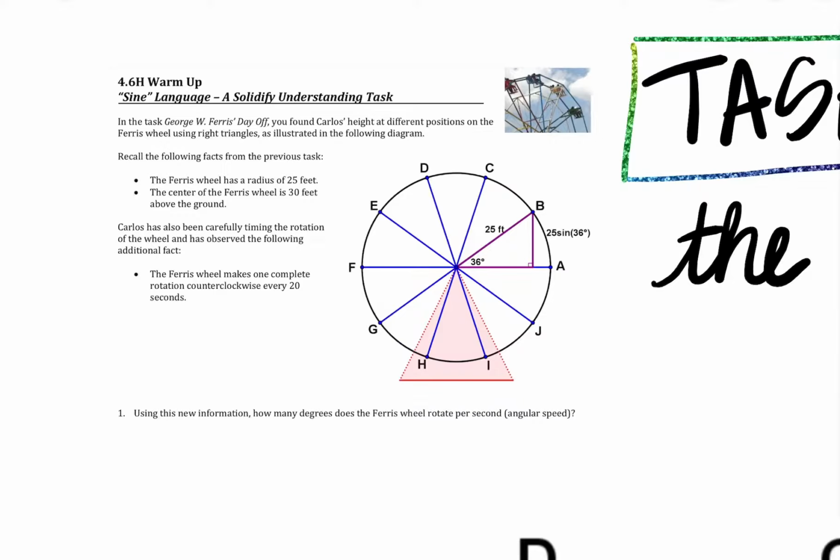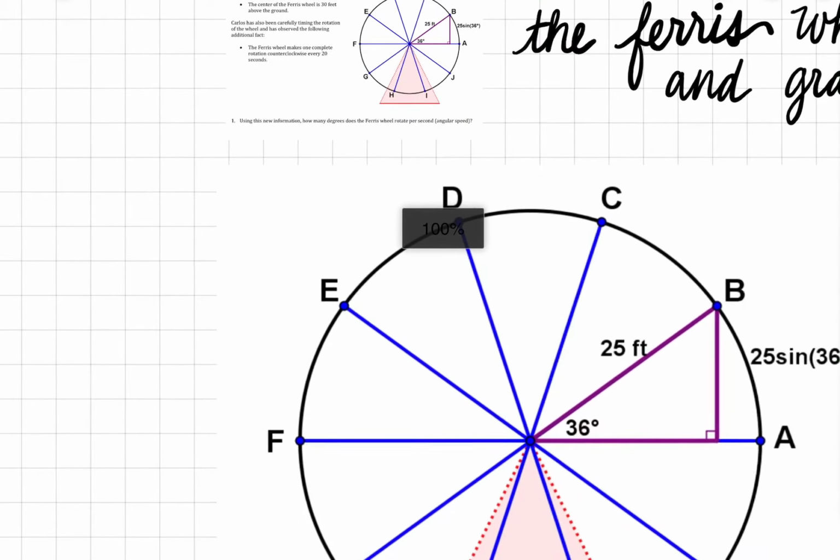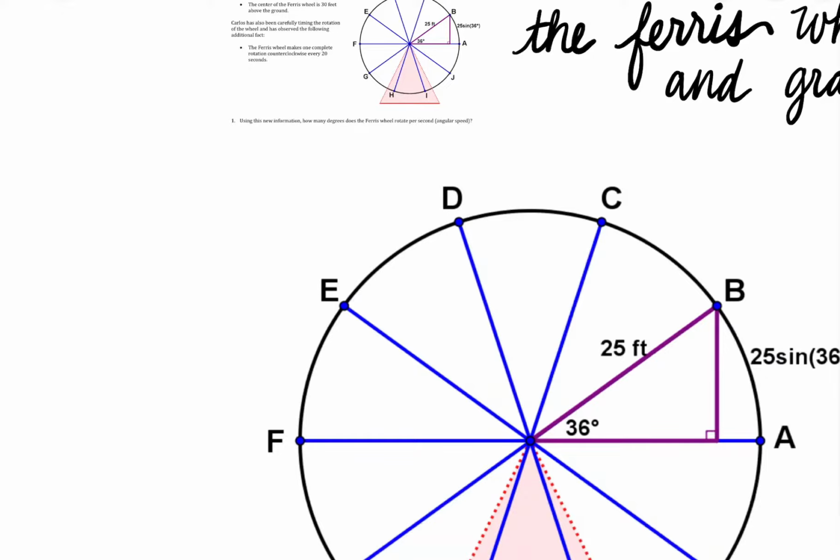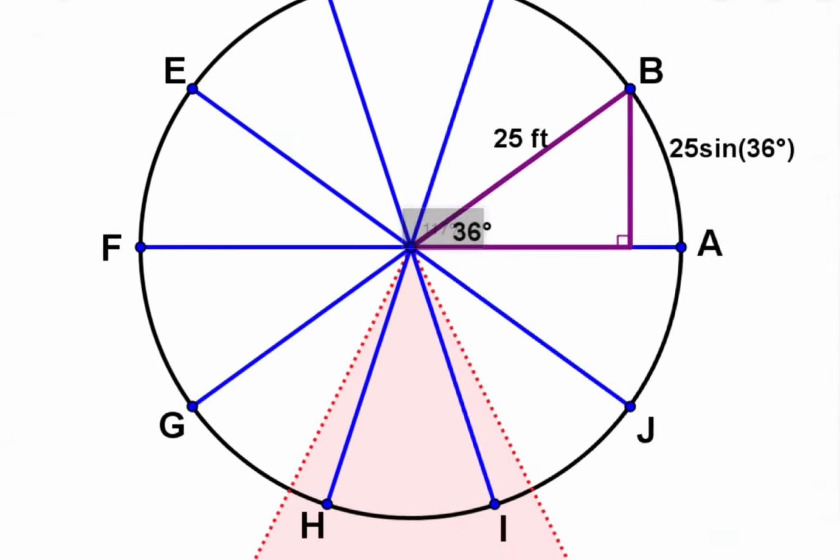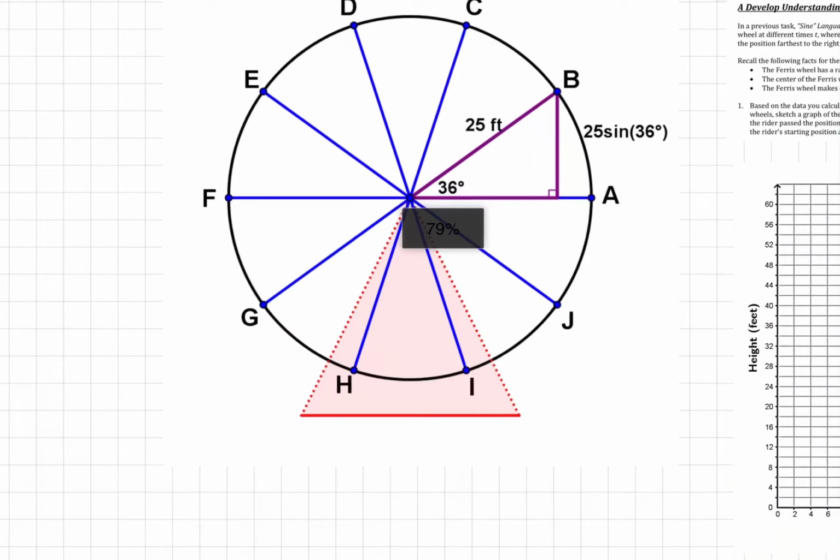And with that in mind, let's actually go through the whole warm-up together. Just remembering this new information that the wheel makes a rotation every 20 seconds. Questions 1 through 5, I believe, on the warm-up are looking at this Ferris wheel and finding times and heights for all of these points around the Ferris wheel. So let's keep that in mind and let's try to label this out.